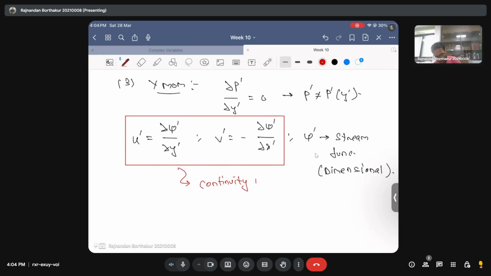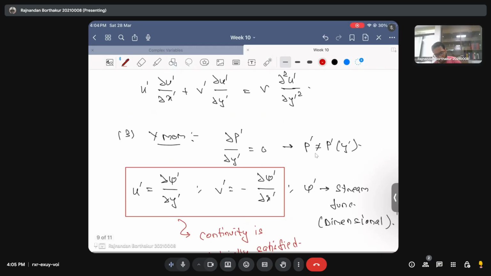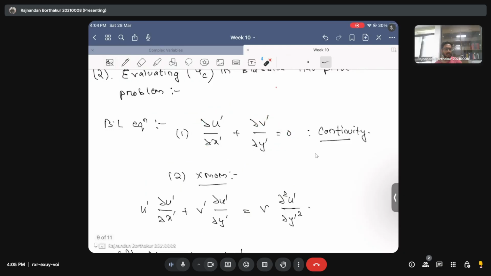Why? Because if you just substitute the values of u and v into this equation, the left hand side comes out to be equal to 0.